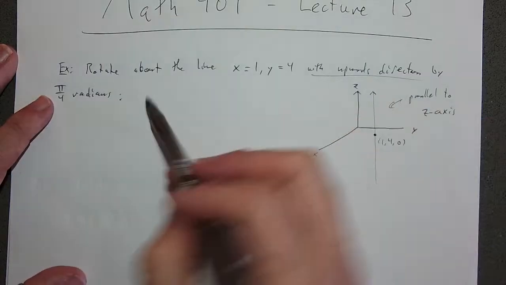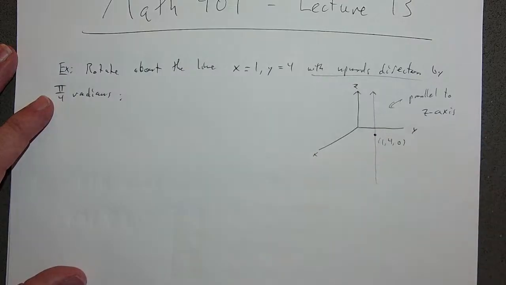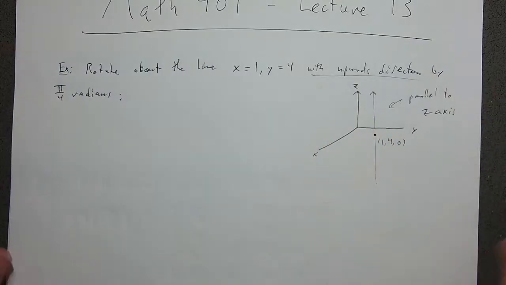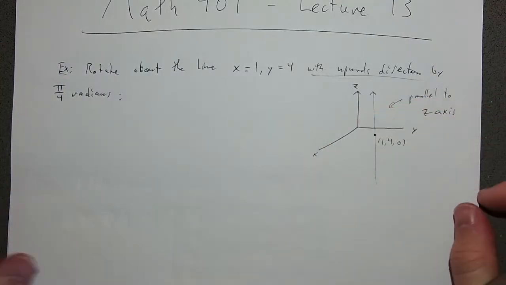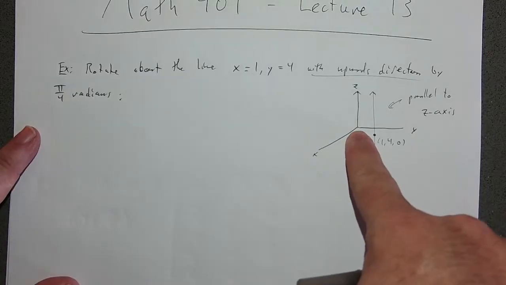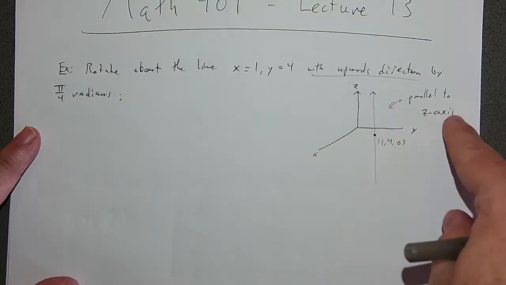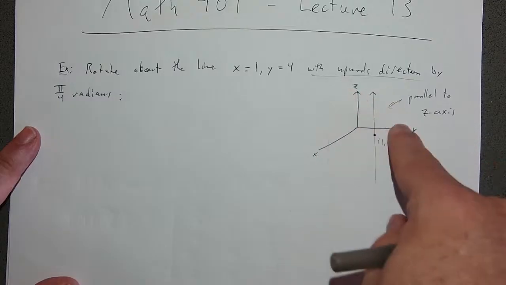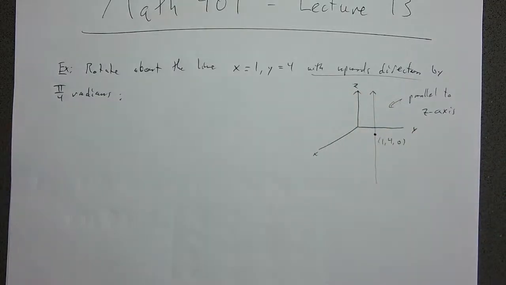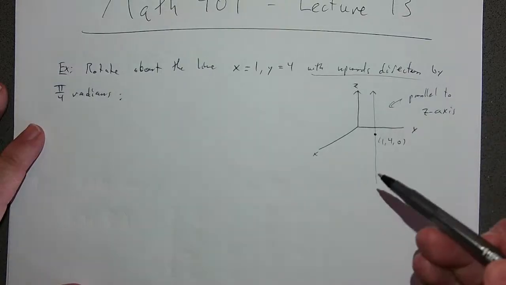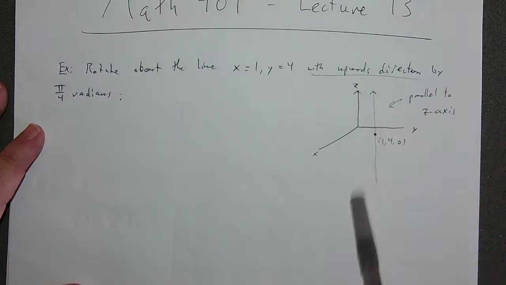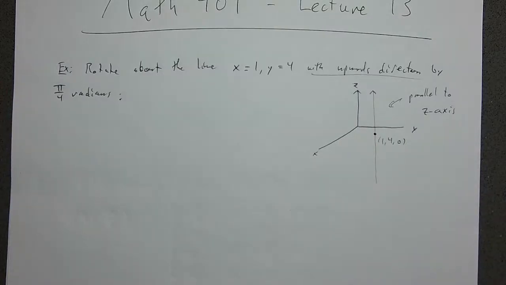I want to take this space as it sits here and shift it so that the origin is this point, so that this line is parallel to the z-axis, oriented the same way, and lines up exactly with the z-axis. Then I do my rotation as if this line is the z-axis, and then translate back.